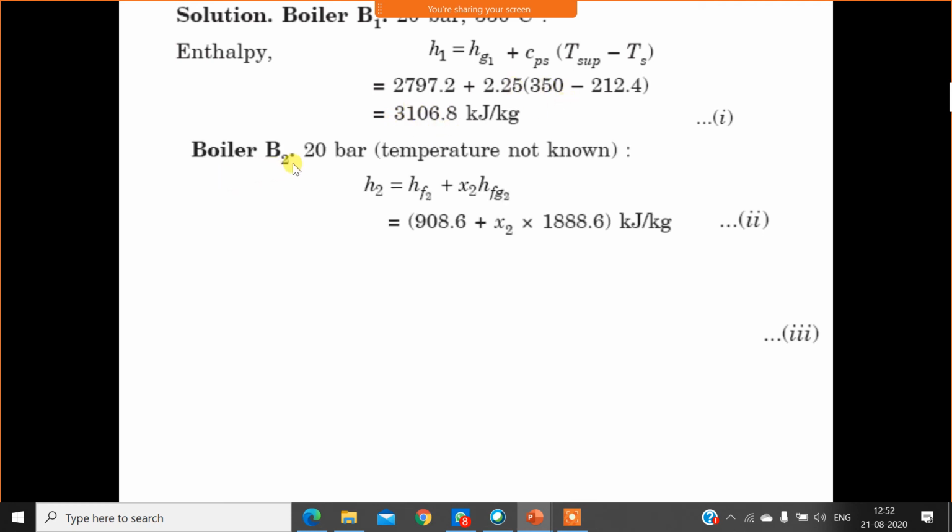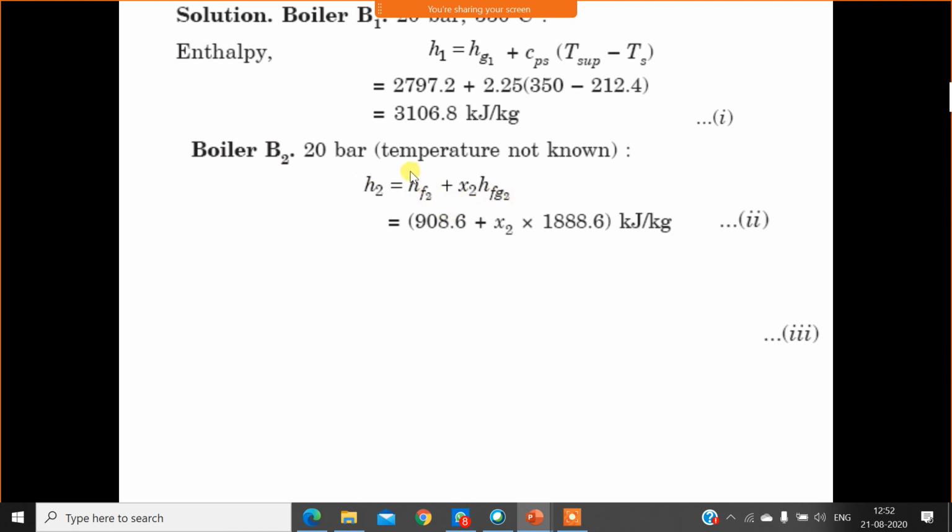Now boiler B2 is again producing steam at 20 bar, but the temperature is not given, and we have to calculate the dryness fraction, that is, the quality. It is understood that it is a wet steam. Therefore, H2 is equal to HF2 plus X2 HFG2.